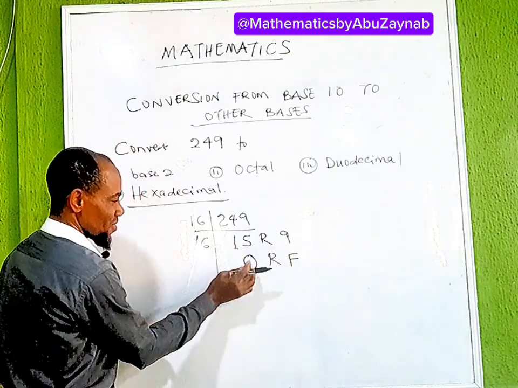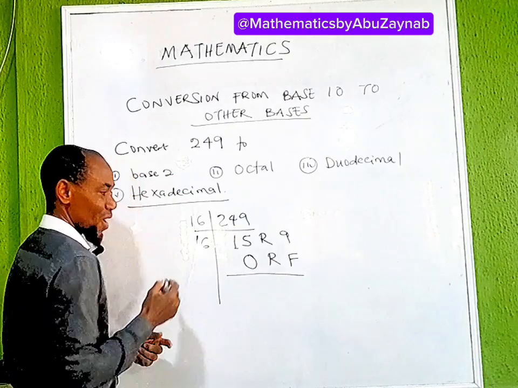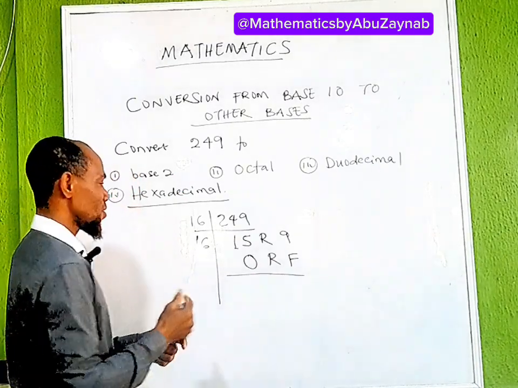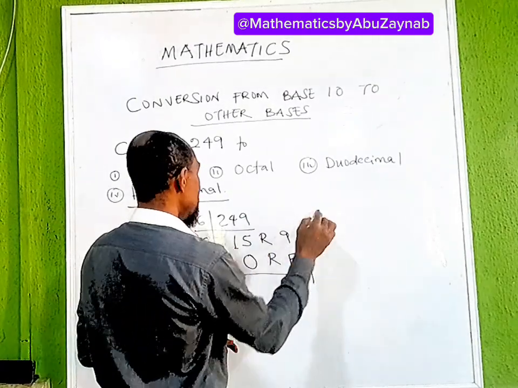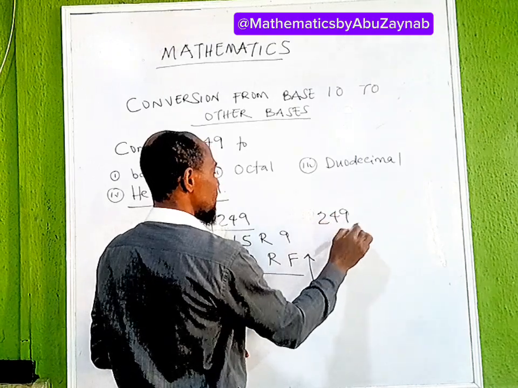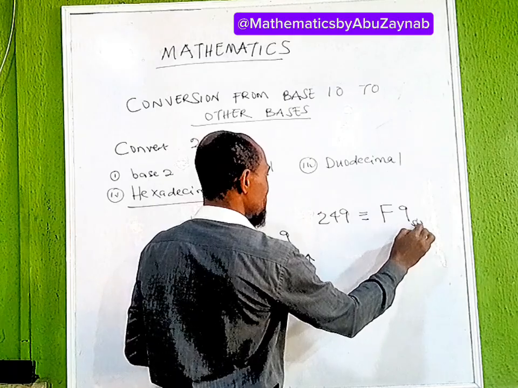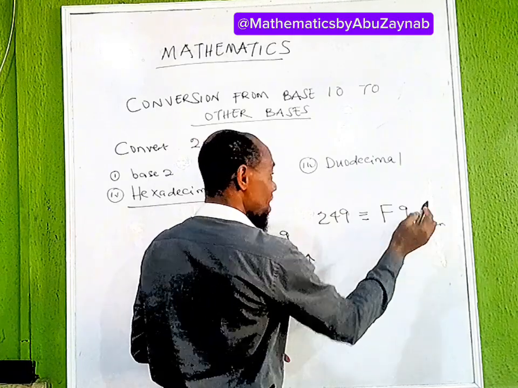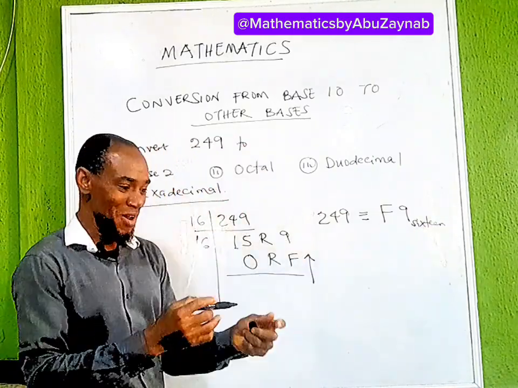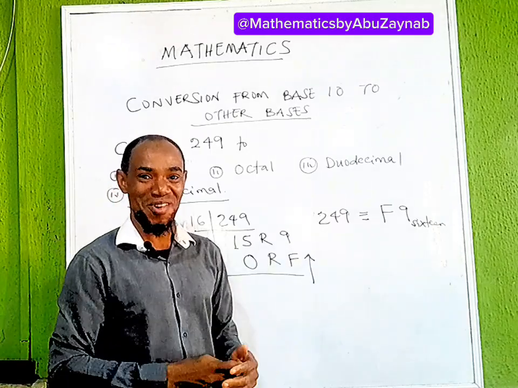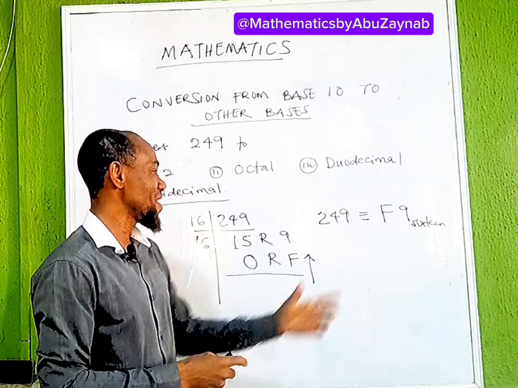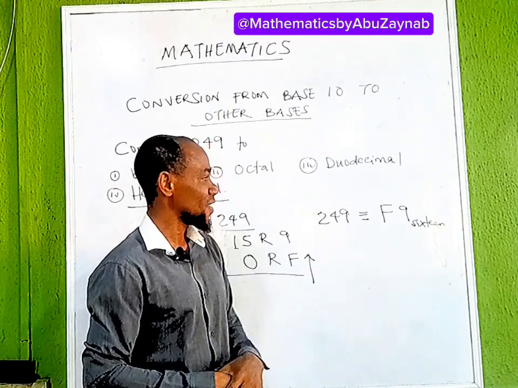And once again, once we get to 0, our work terminates. So the answer is written upwards, meaning 249 in base 10 is equivalent in value to F9 in base 16. This is not a value that people like to see. F9 means failure, but that's not the meaning in this case. It's simply F9 base 16.